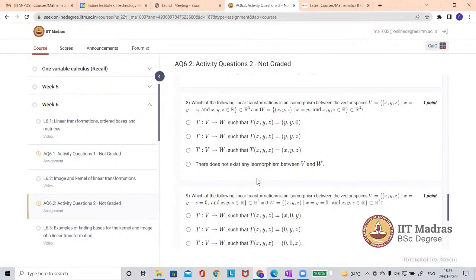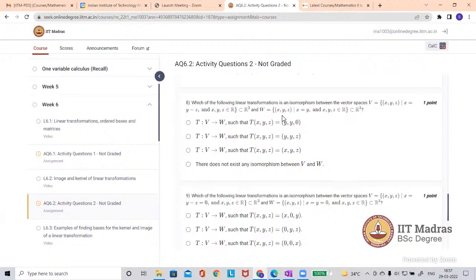So the best way is this: if you are asking whether this is an isomorphism or not, you can find a basis of V, find a basis of W, find the matrix representation of the linear transformation, and find the rank of that. Both are R2 to R2, because V has dimension 2 and W has dimension 2.